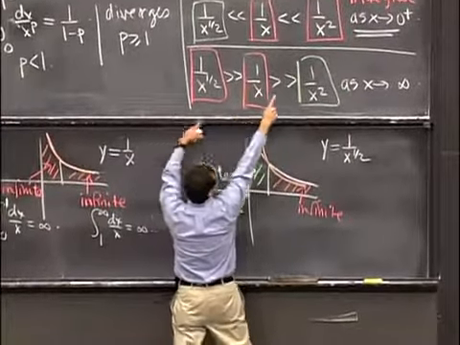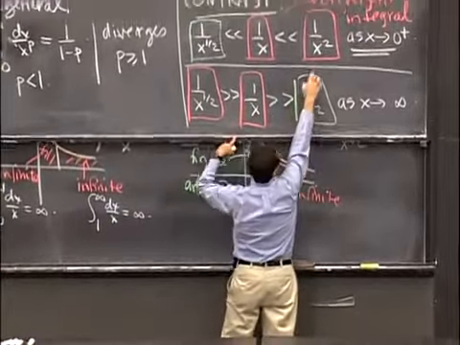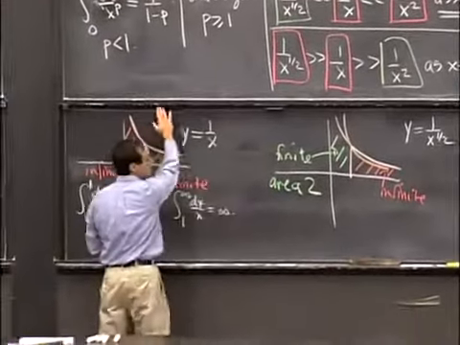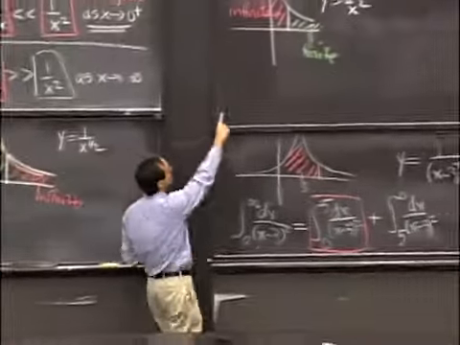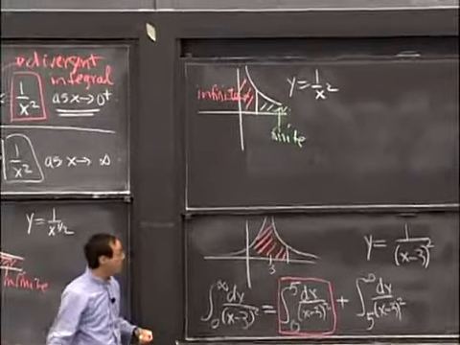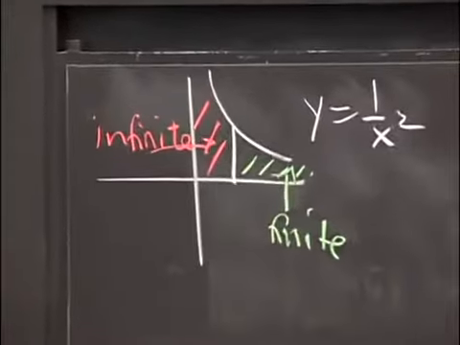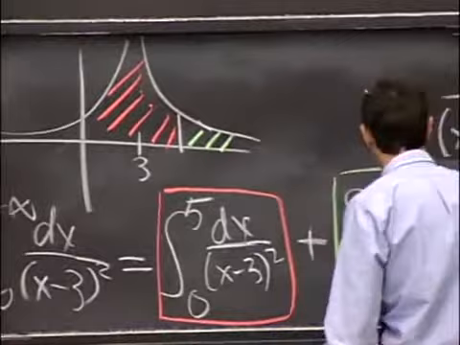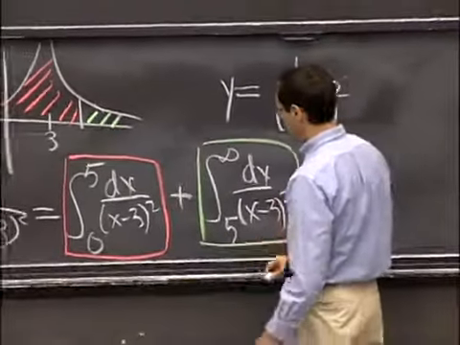In the other context, where it's going to infinity, this is the same as the picture directly above, with the infinite part in red. All right? And this part here is finite. All right?